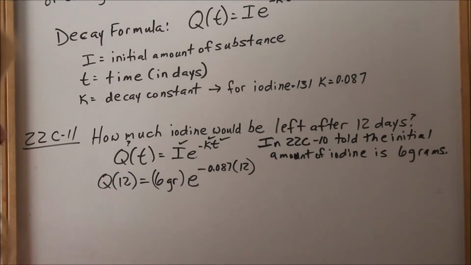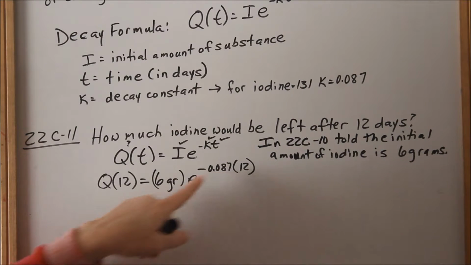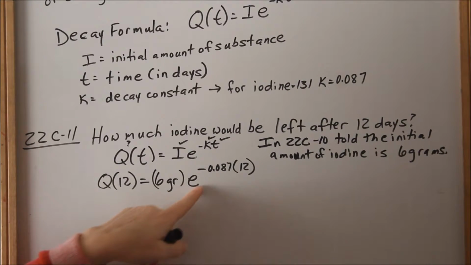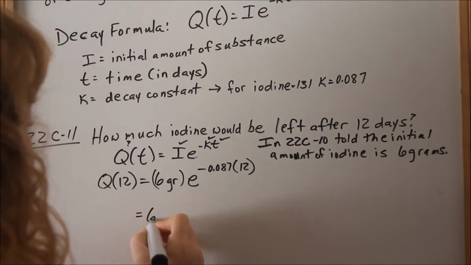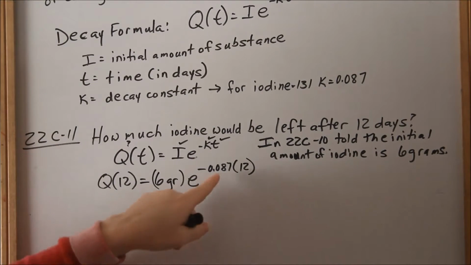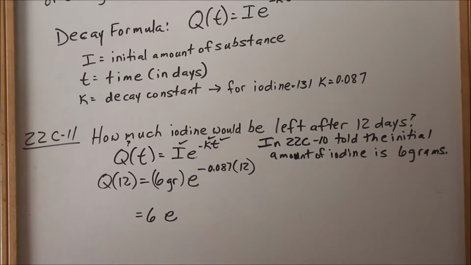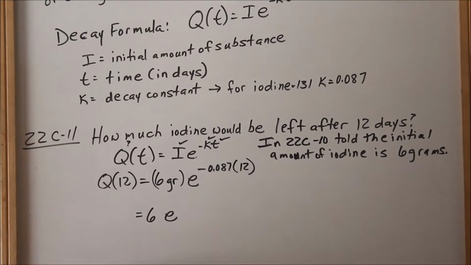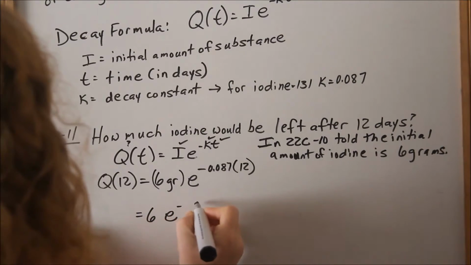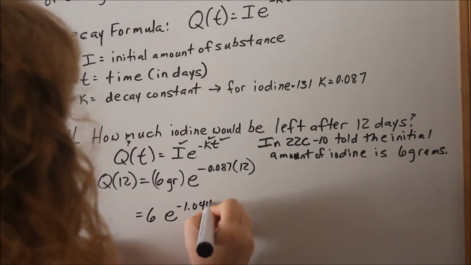PEMDAS says we do our exponents first. Don't multiply first. Do e to this first. So 6 times e to the, I'm going to multiply these two numbers together first. Negative 0.087 times 12 is negative 1.044.